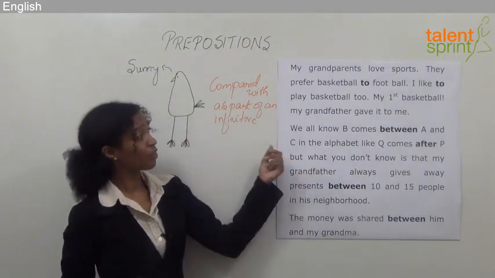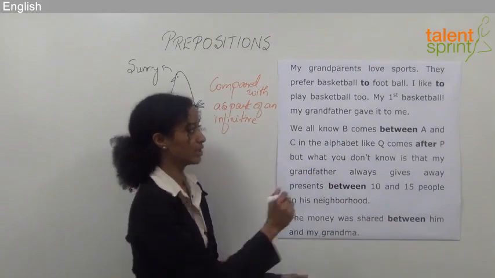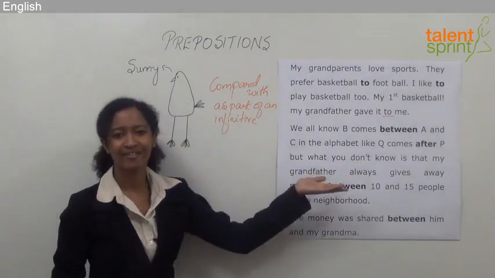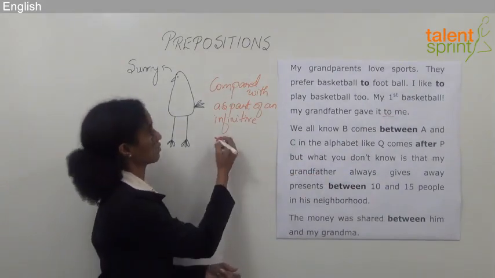My first basketball, my grandfather gave it to me. This to here is with an indirect object, me.